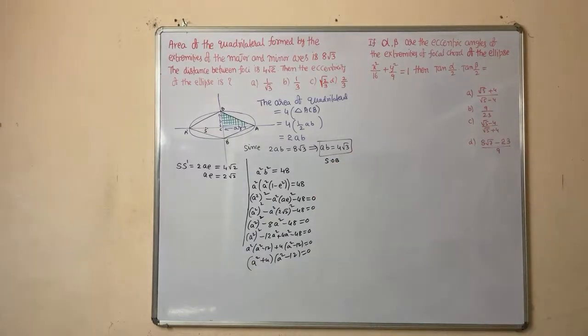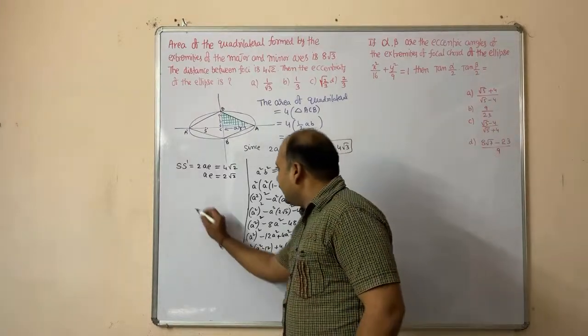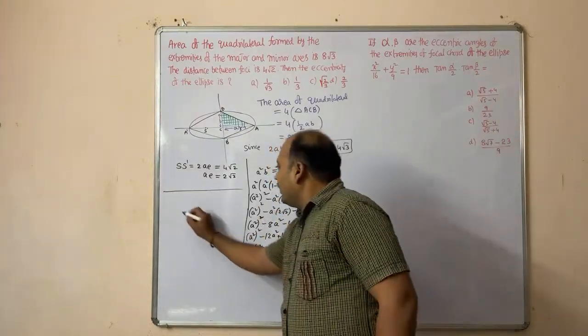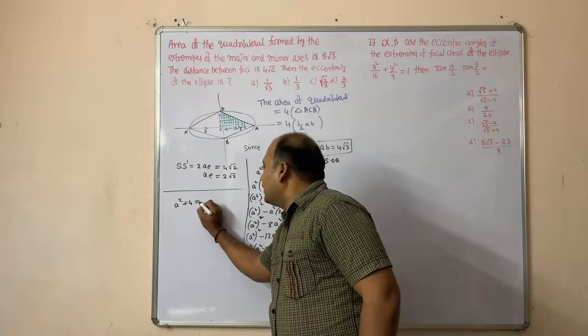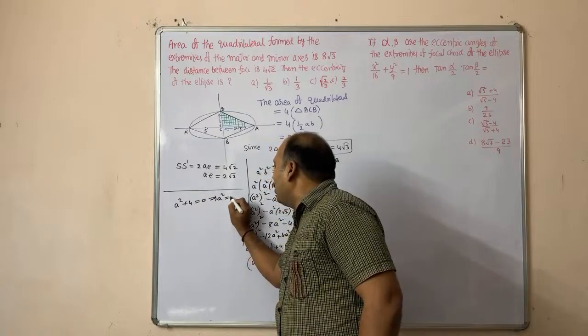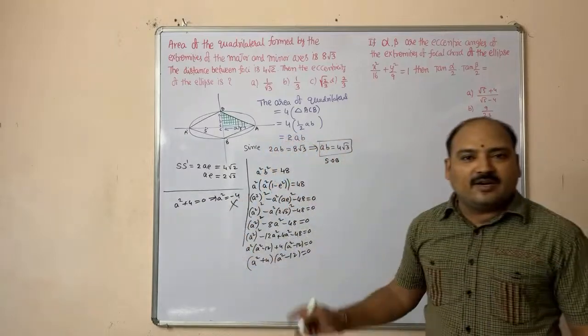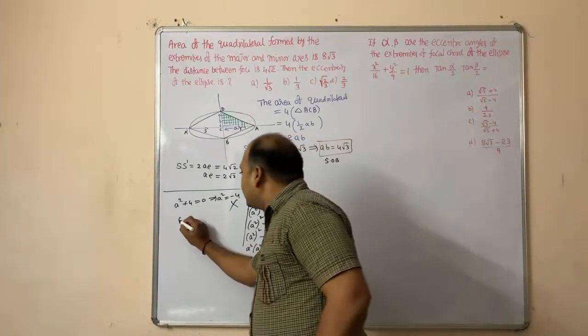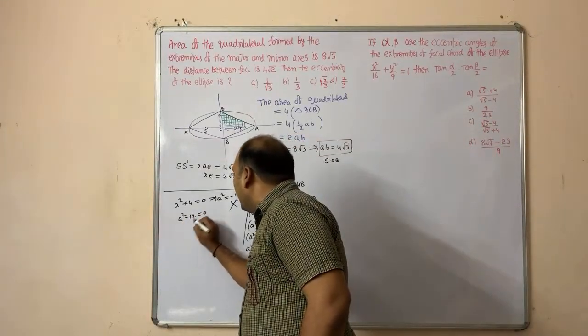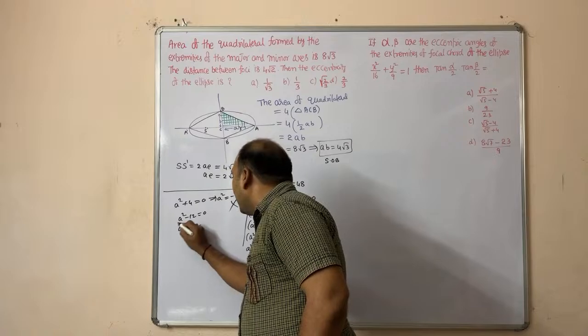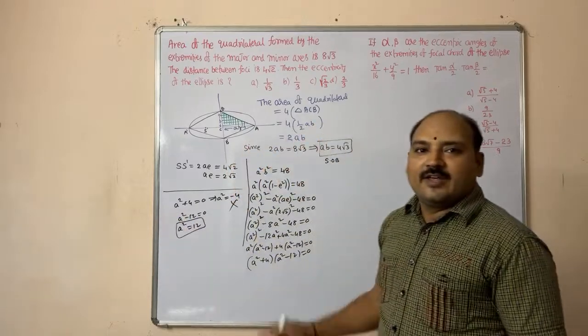Yes, you are able to see. So from this we can conclude that a squared plus 4 equal to 0, that implies a squared equal to minus 4. It is not possible, it is absurd. But a squared minus 12 equal to 0. So a squared is equal to 12.